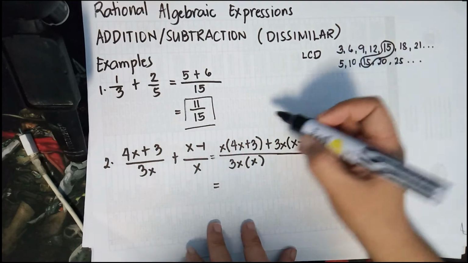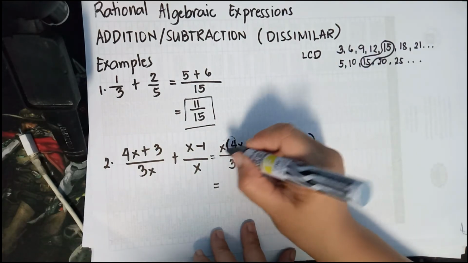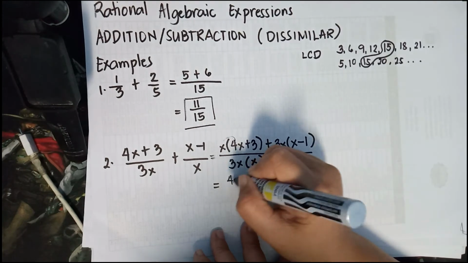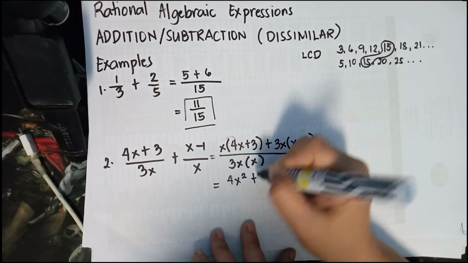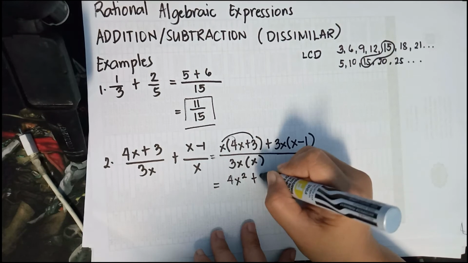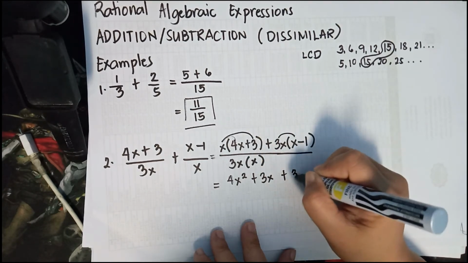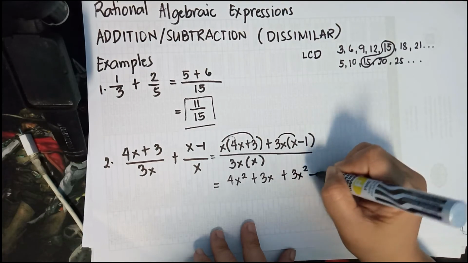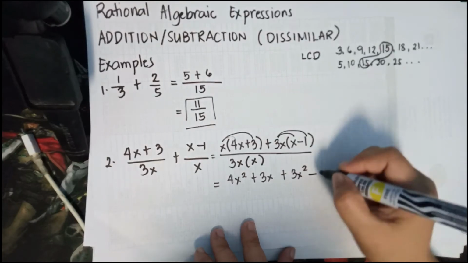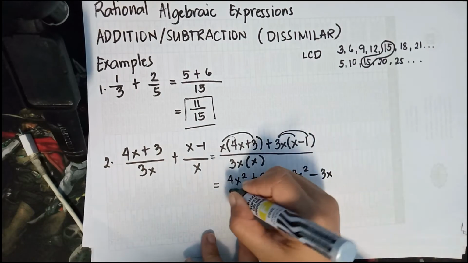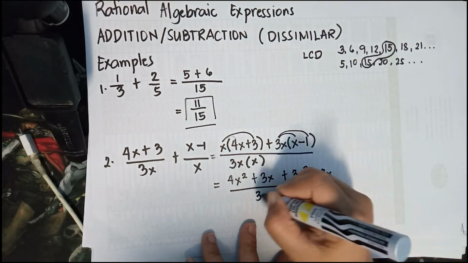Next, apply the distributive property. x times 4x, we have 4x squared, plus x times 3, that is 3x, plus 3x times x, we have 3x squared, minus 3x times 1, that is 3x, over, copy the denominator.